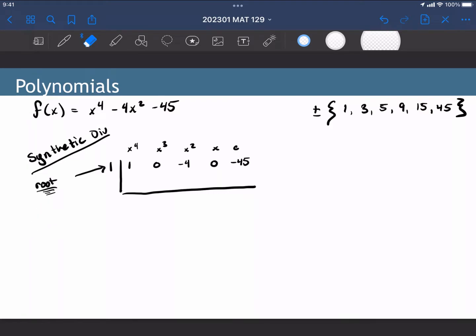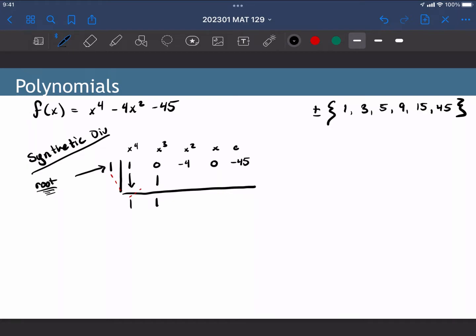So let's see here. What you do is you always bring the first number down, and then you multiply. So 1 times 1 is 1, and then you add the columns, so 0 and 1 is 1.